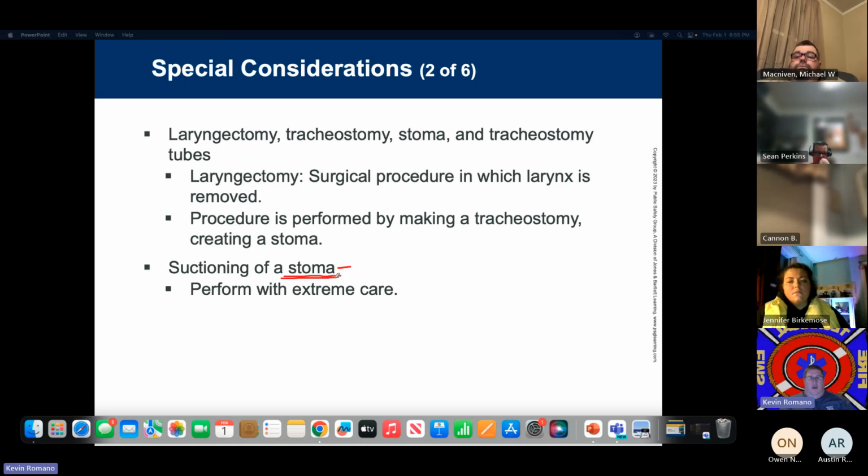Right? Suctioning is limited to no more than 10 seconds at a time. Failing to recognize the need for suctioning can also result in extreme hypoxia. So you've got to look at your stomas and suction appropriately and make sure they stay clear of mucus. Mucus plugs can kill people because they don't have the ability to oxygenate.